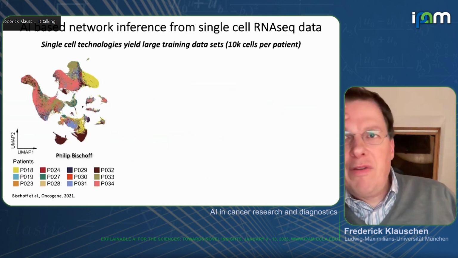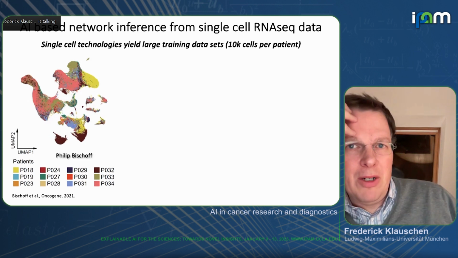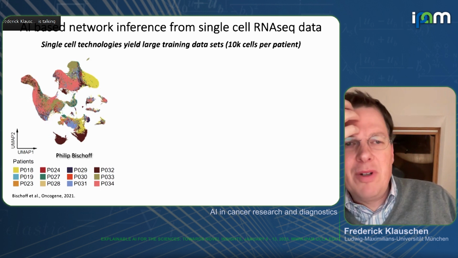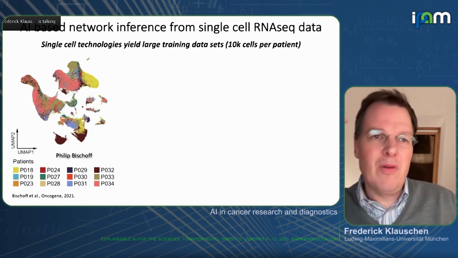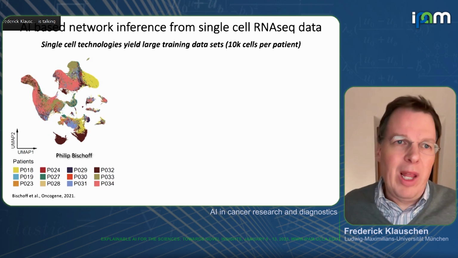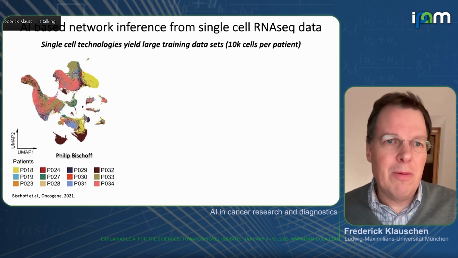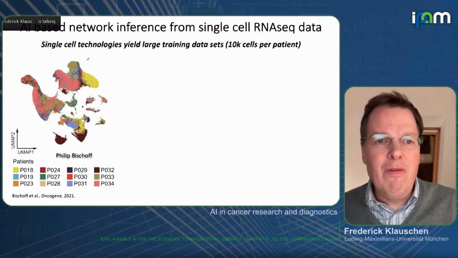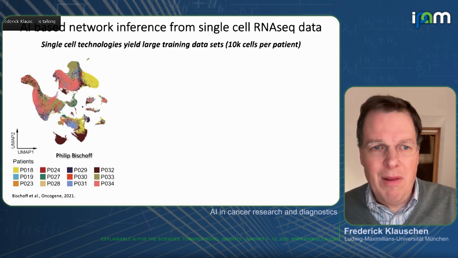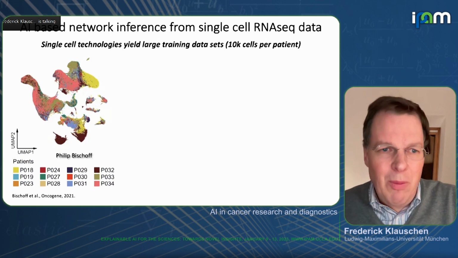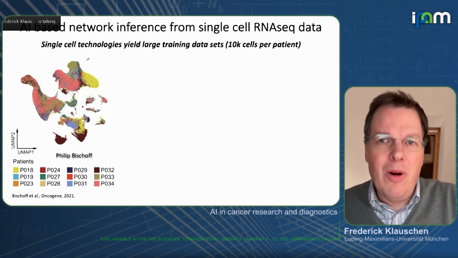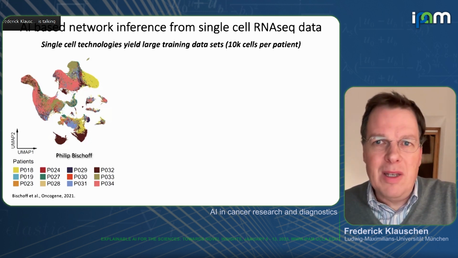So for the final few slides, I want to touch upon where we can use these AI approaches in a mainly still research setting. And this is one very interesting, relatively recent domain of molecular diagnostics or molecular technology, that is single-cell sequencing, where we can now, even if we have a limited number of patients and therefore limited training samples for AI, sequence about 10,000 cells for each patient.